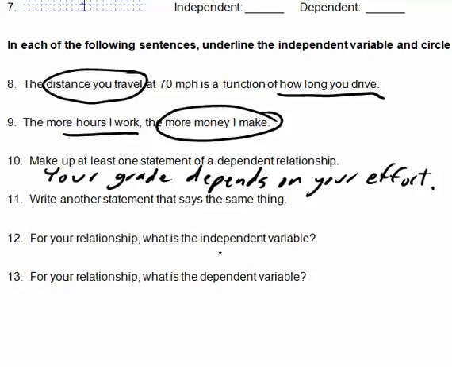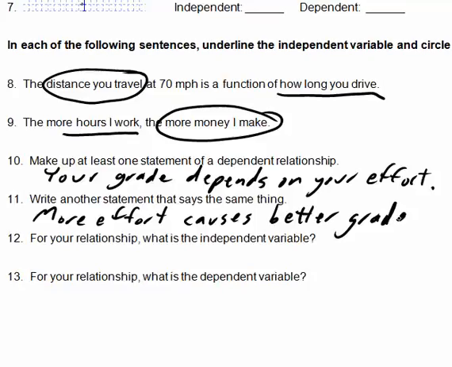So another way I could write that same one is: more effort causes better grades. There's other ways I can write it too.